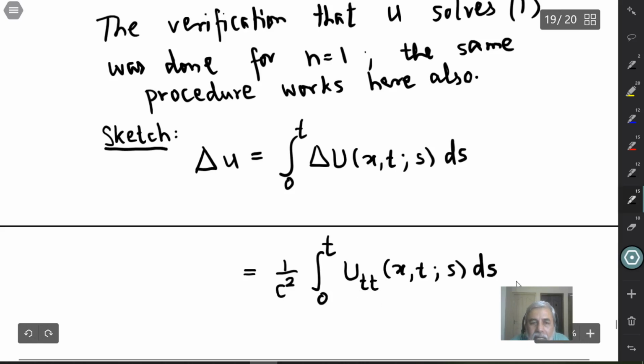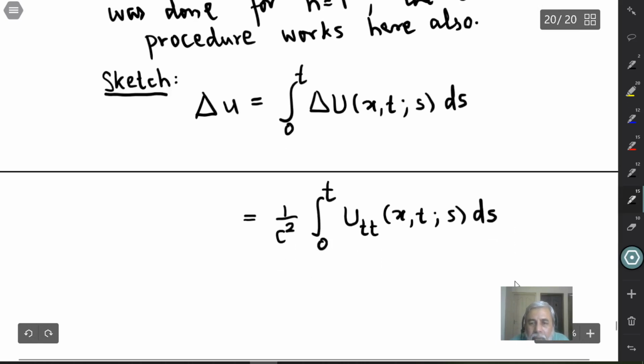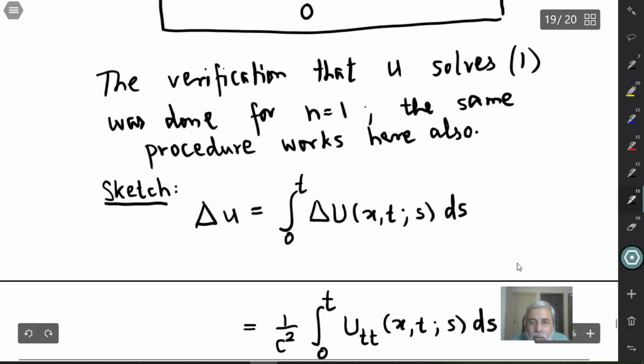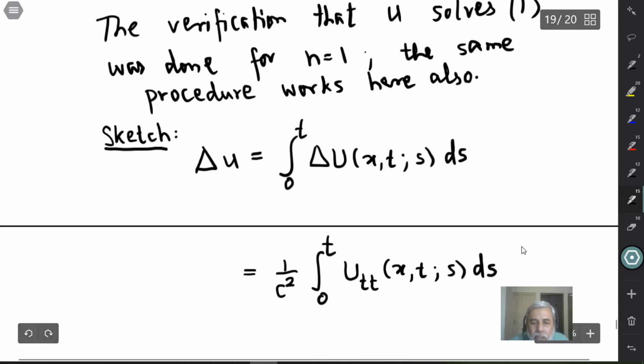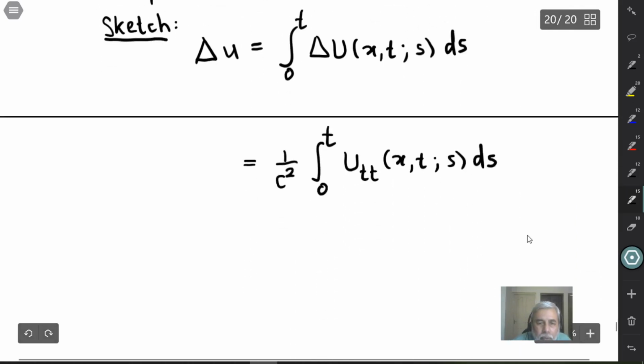Similarly you can work out what happens to u sub t. So u sub t of x, t.